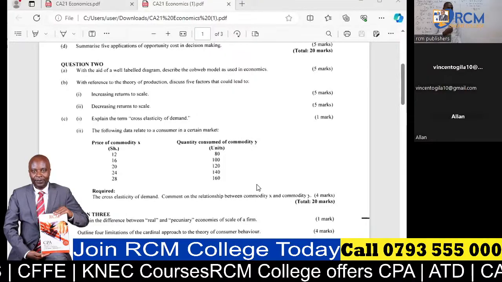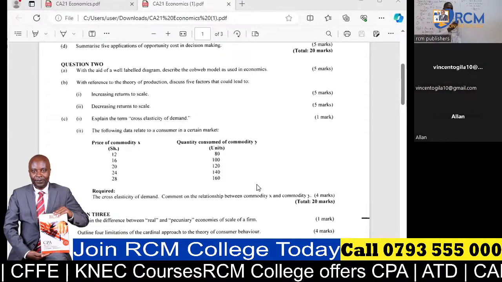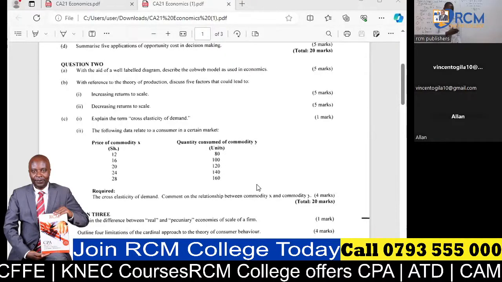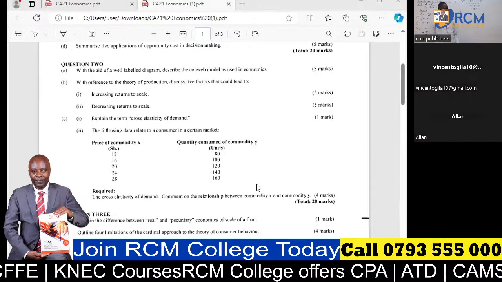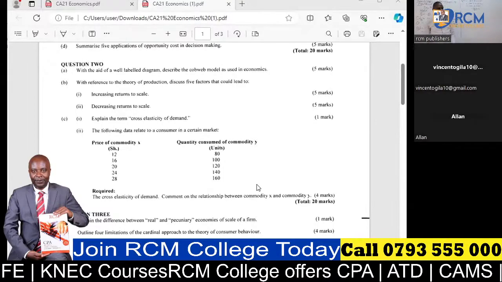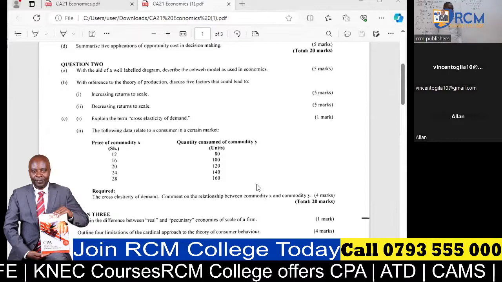Wow. This is very interesting. So price is always in shillings, and then quantity is always in units as provided there. Then the examiner required you to do what? To come up with a cross elasticity of demand.